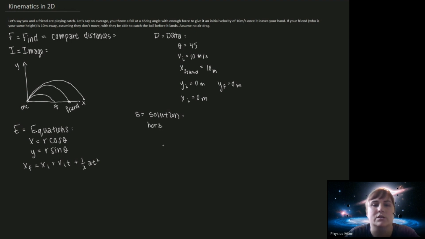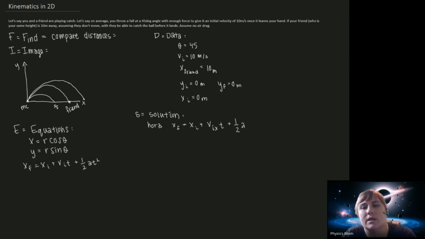This is going to be everything in terms of x. I have x final. I'm just going to keep the x's there since that's still the horizontal. That's equal to x initial plus, instead of v initial, I need the x component of the velocity. So I'm just going to denote that as v initial x, and we'll substitute the value in for it later, times time plus 1/2 acceleration, also vector.